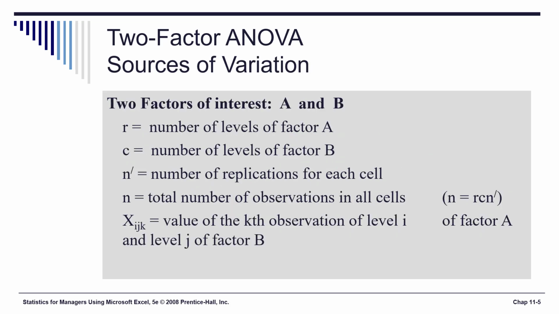So some useful terms here we need to understand. Two factors: factor A is called a row factor. The other factor, factor B, is a column factor. I represents the number of levels of factor A, which is the row factor.